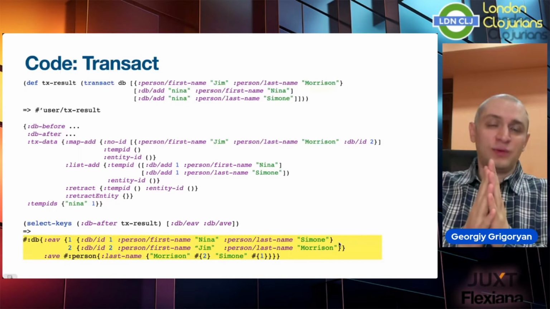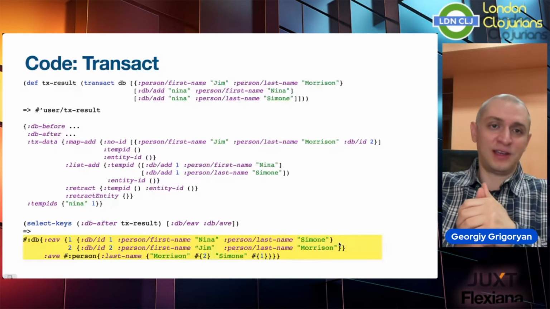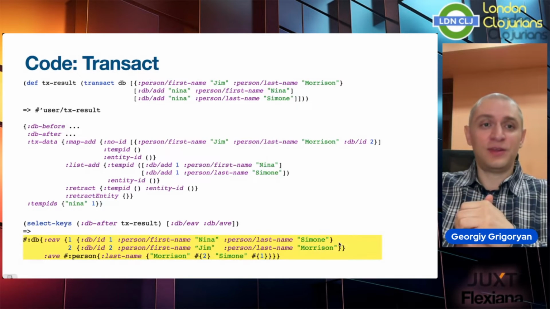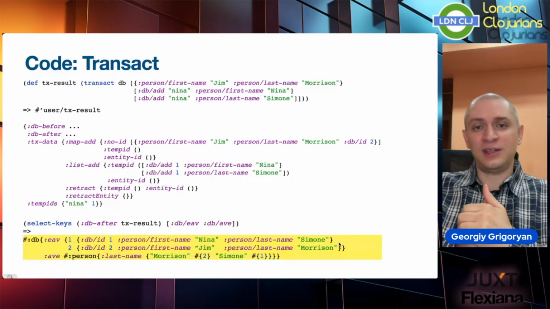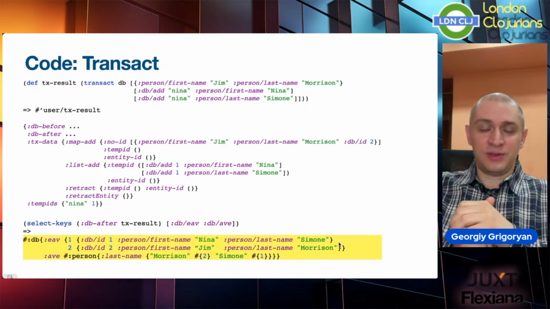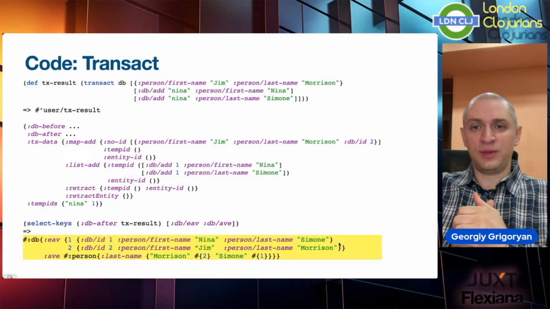And when we transact, we get a TX result, right? And so we examine this TX result below, we see what it looks like. DB before, DB after, those two keys I think are self-explanatory. And then at the bottom, we have temp IDs. So we see Nina gets mapped to entity ID 1, and TX data, that is the transaction data, but massaged a little bit differently. So this is a point of departure from Datomic and DataScript.